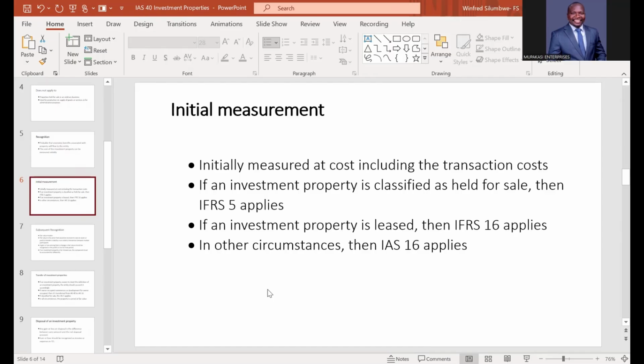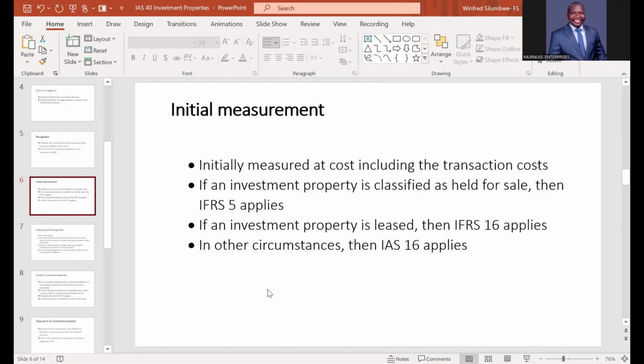It could be finance cost, or architectural fees. All those costs associated with building that asset, whether it's consultants, engineering, you add them together, they form part of that cost. That's what you initially put in your books of account as the total cost.